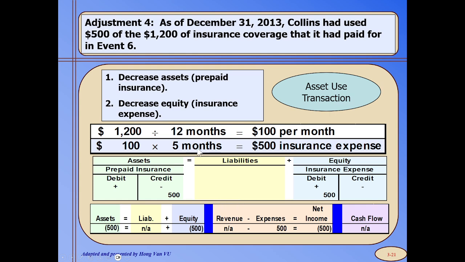And finally, you can see the illustration of the impact on the company's financial statements model. The asset account prepaid insurance decreases and the expense increases, so equity decreases. This kind of transaction is called an asset use transaction.